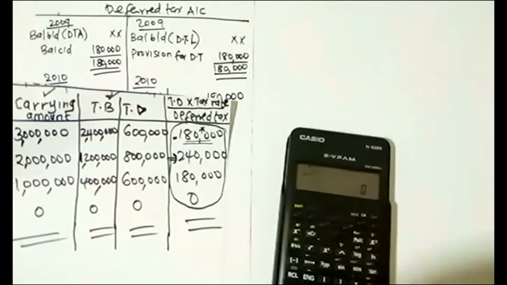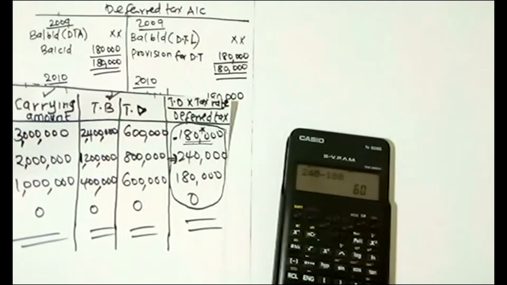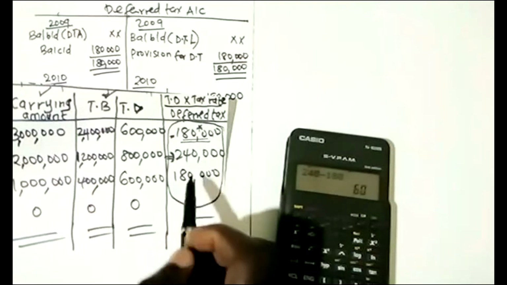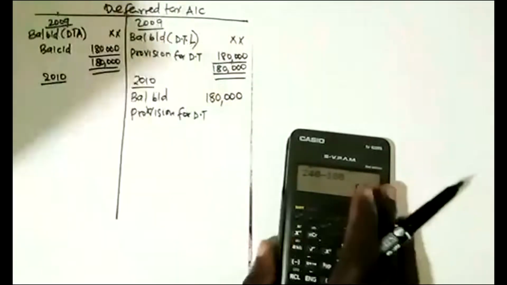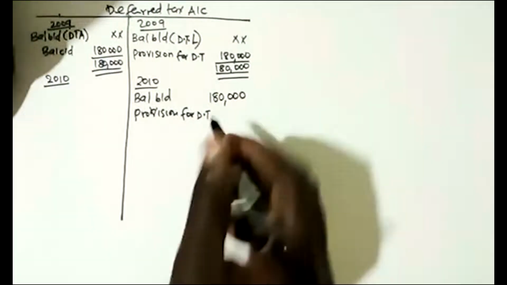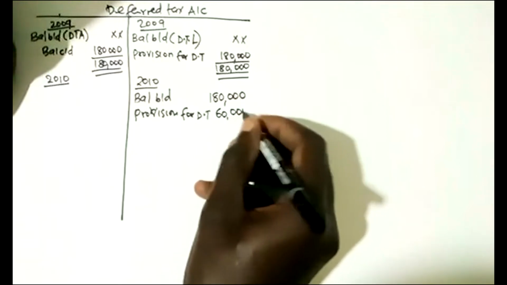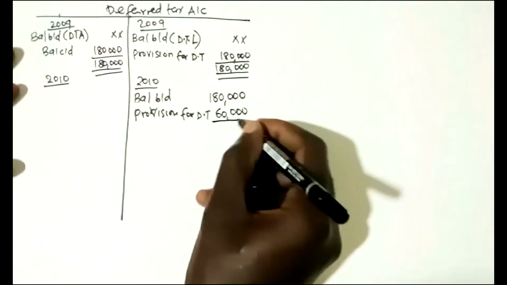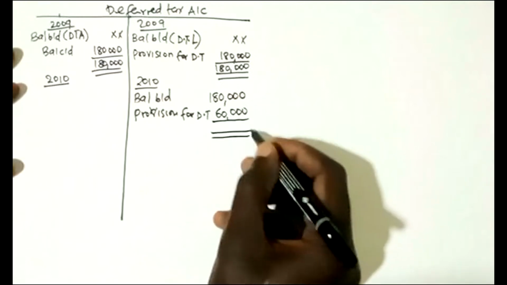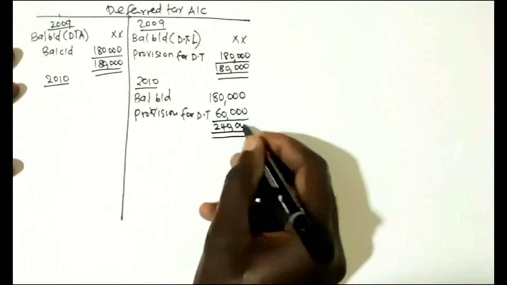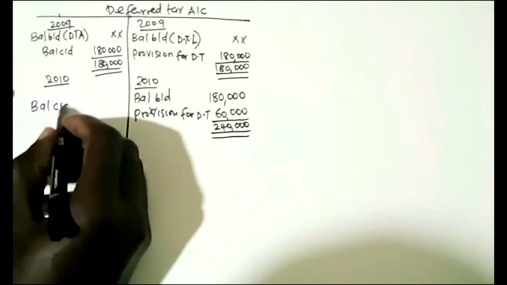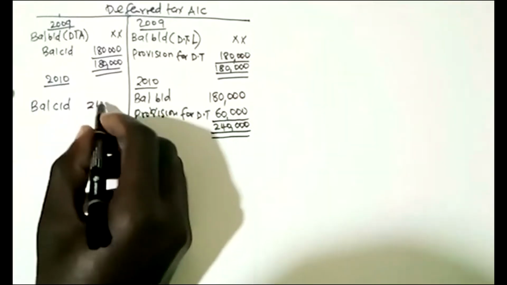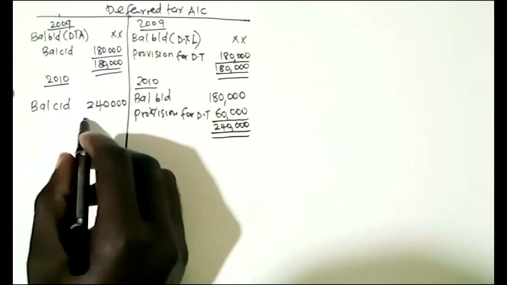So I would say 240 minus 180, so that I will know in 2010 they made only a provision of 60, because this 180 is inclusive here. So this is 240,000. So the balance carried down will be the 240, so that I make the 2010 balance.